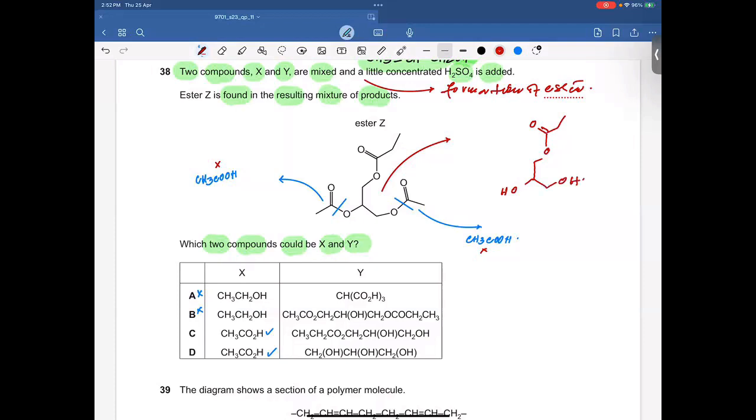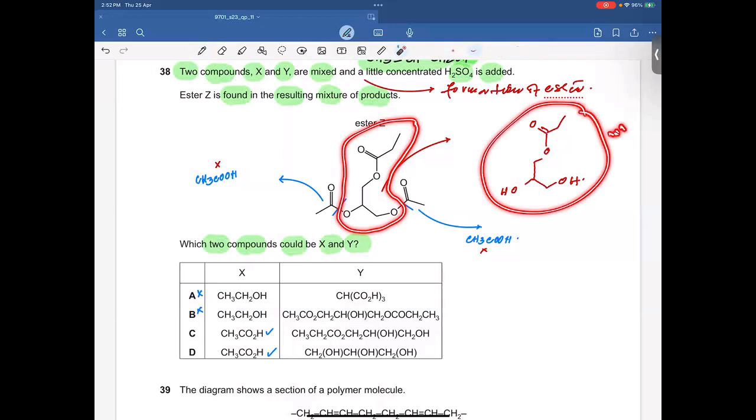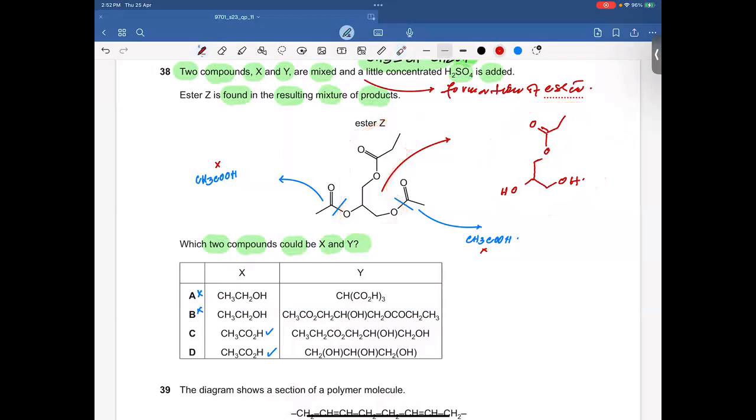Okay, this structure. This entire structure is here. So basically, this is your alcohol. This is your Y. Now read the structure very carefully. This is CH3, CH2, then CO2, CH3, CH2, and then CO2. Then we have CH.